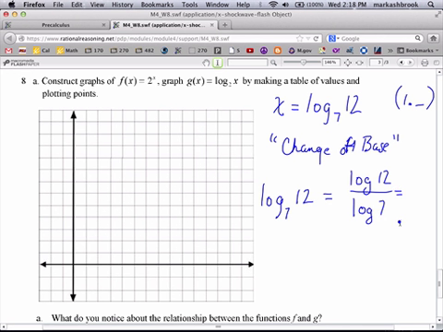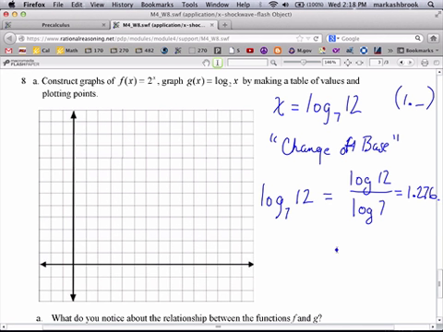If you do that in your calculator, we think we should get a number between 1 and 2, but closer to 1. Do it. So log 12 over log 7. What is it? 1.276? Yeah, 1.277.